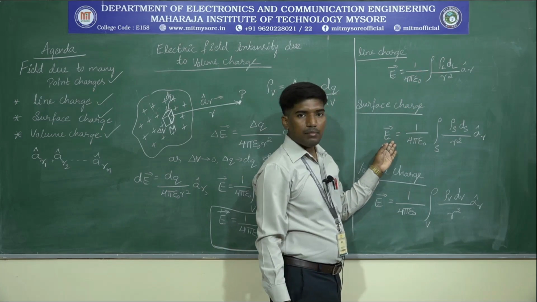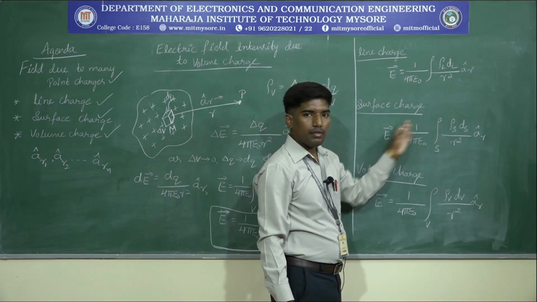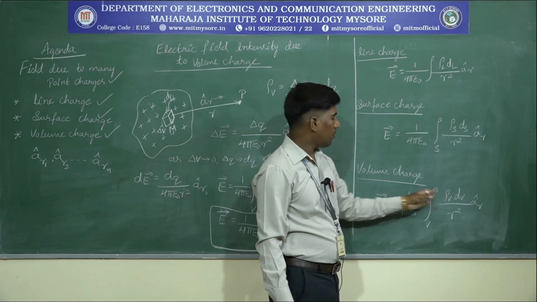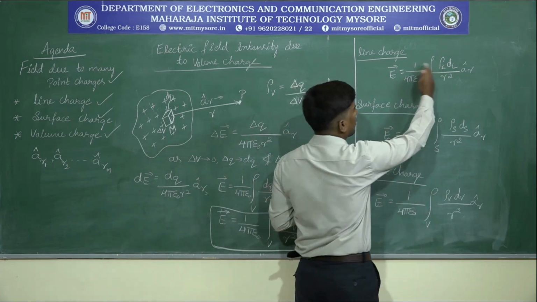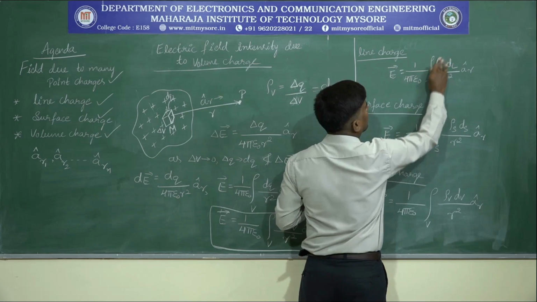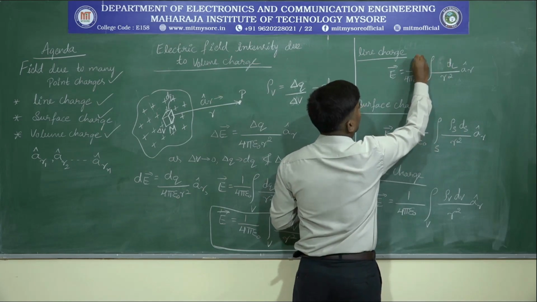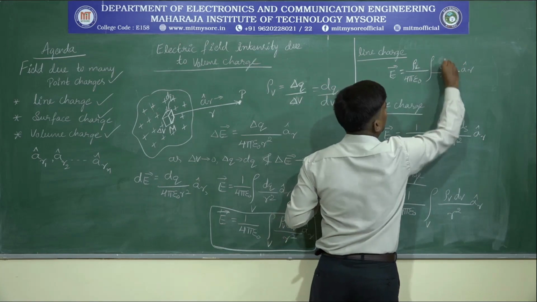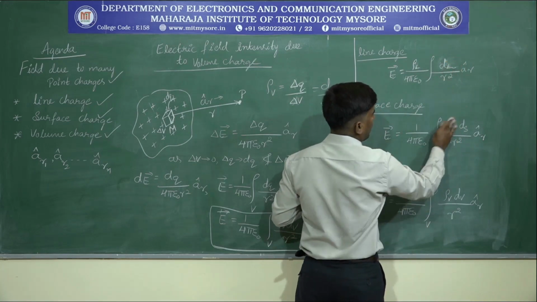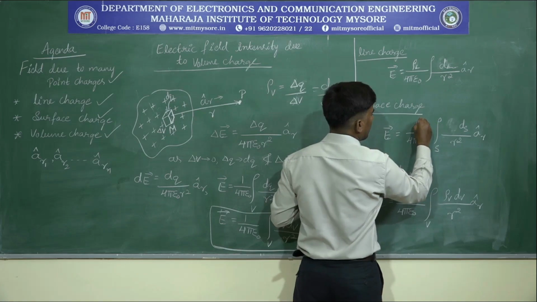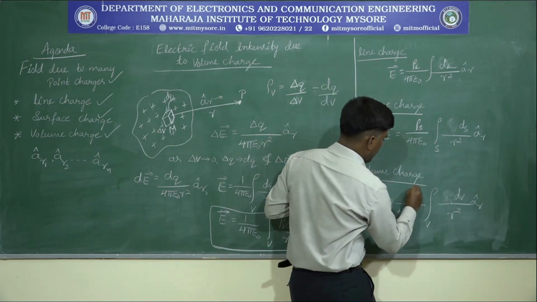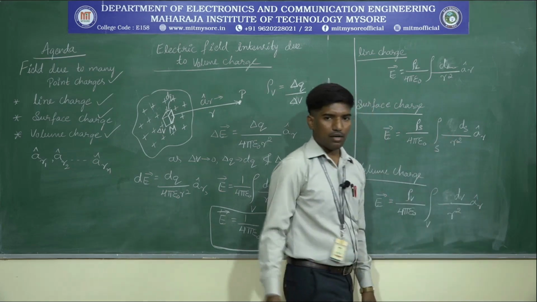The surface area becoming infinite means rho s becomes constant. The volume becoming infinite means rho v becomes constant. Since these become constant, we can easily replace this equation by rho L into integration of dl by r square. Here also rho s becomes constant, we can take it outside. Here also rho v becomes constant, we can take it outside.